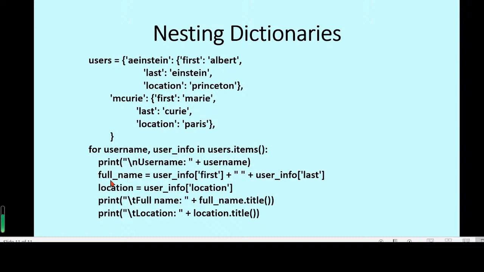Then we create a variable called full name: user info is a dictionary, user info's first name plus user info's last name, concatenated with a space. Then location is user info's location value. Next, we can print a message with the full name and the location, title form.